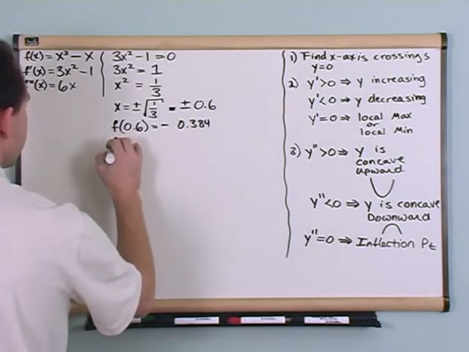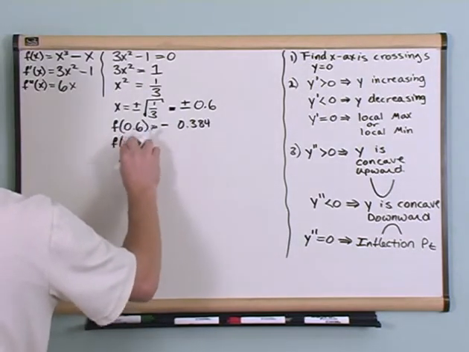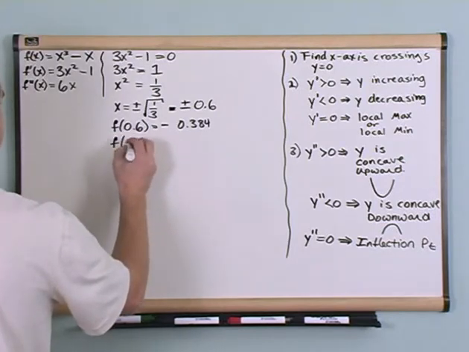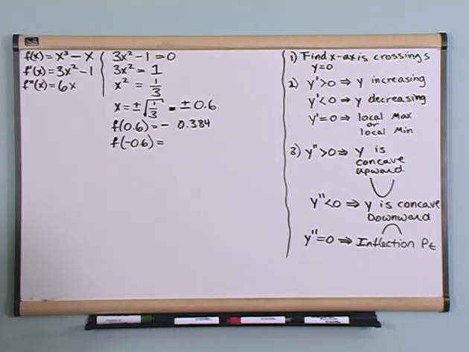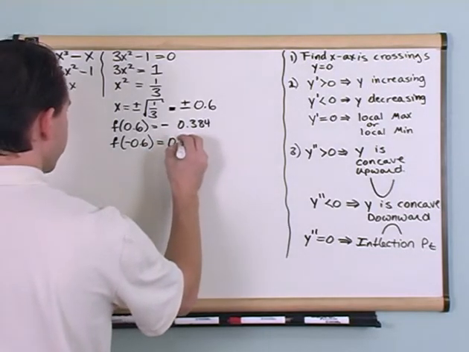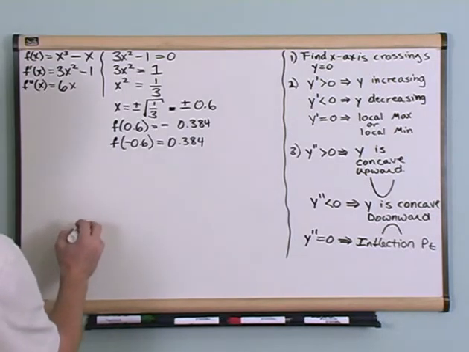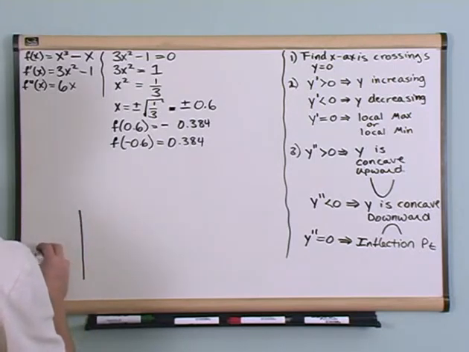And then f of negative 0.6, what you will get is a positive 0.384. Now, we're definitely not done yet, but we have enough to get started plotting this thing. So down here at the bottom, I'm going to have a little graph kind of in the corner here.